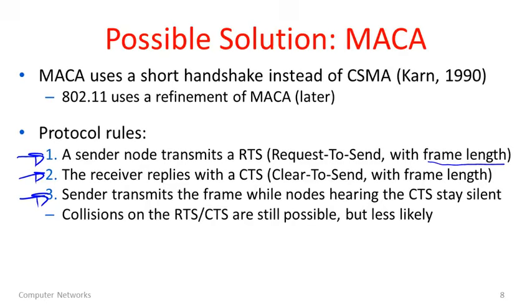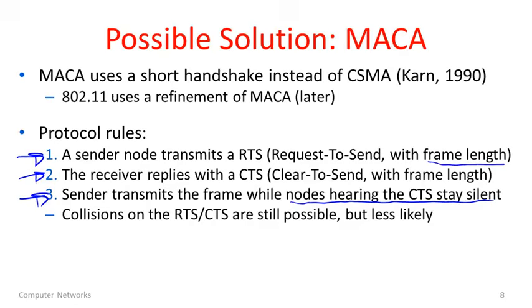The interesting part, however, is that nodes that heard the CTS stay silent while the sender transmits the frame. They can do this because the RTS and CTS include information about how long the frame is, so the nodes that hear the CTS know how long to be silent. And this is the key addition of MACA that's going to solve some of the problems. We'll see how in a minute.